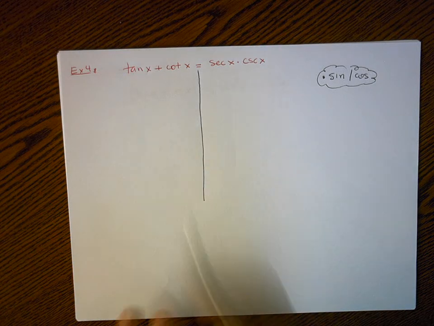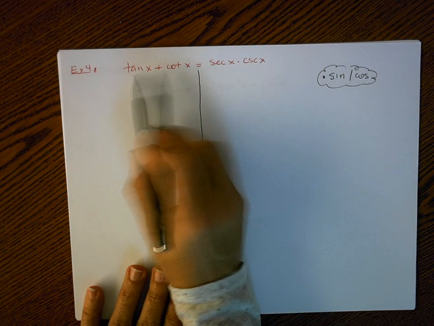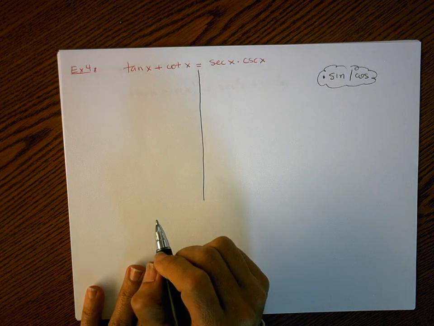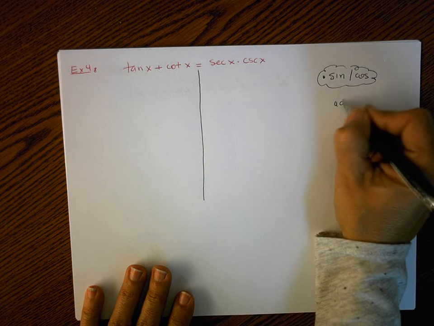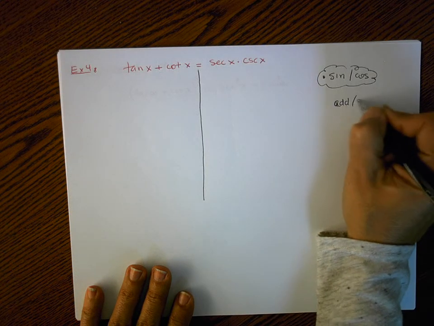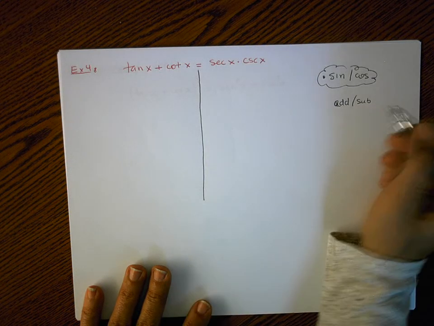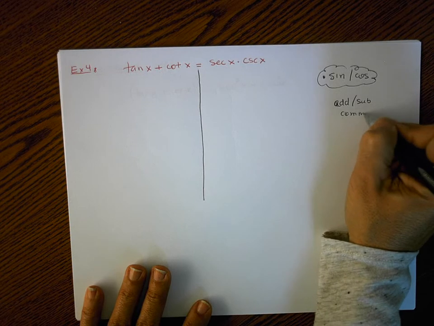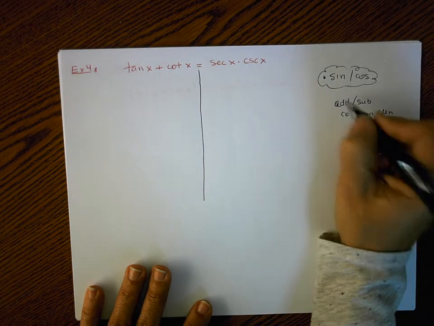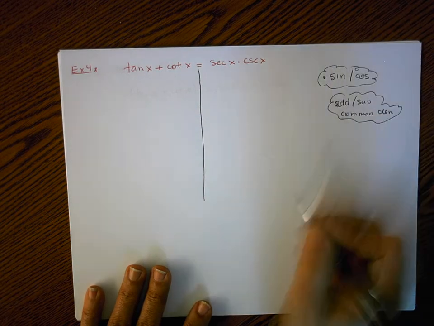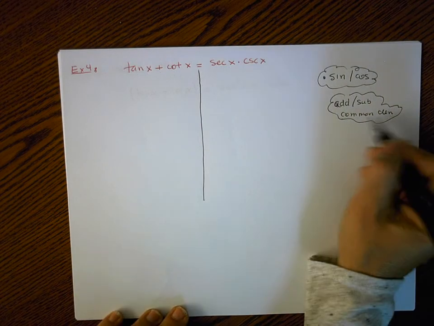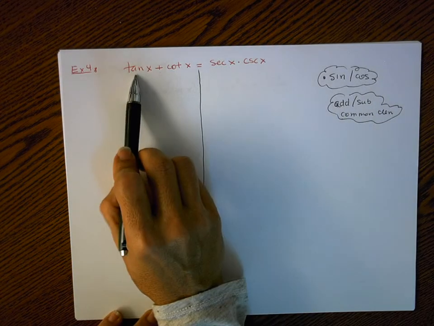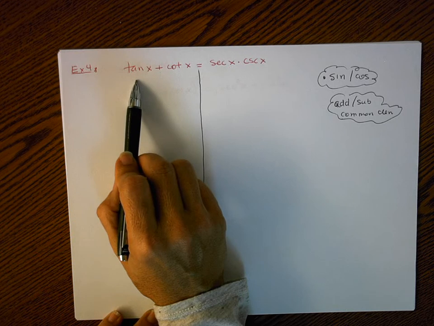Remember, I have an addition of two things. So be careful with addition. If we want to add or subtract fractions, we're going to need a common denominator. So see, the algebra skills keep coming back. Because why am I talking about fractions and common denominators? Because I know that tangent is a fraction, okay? So here we go.